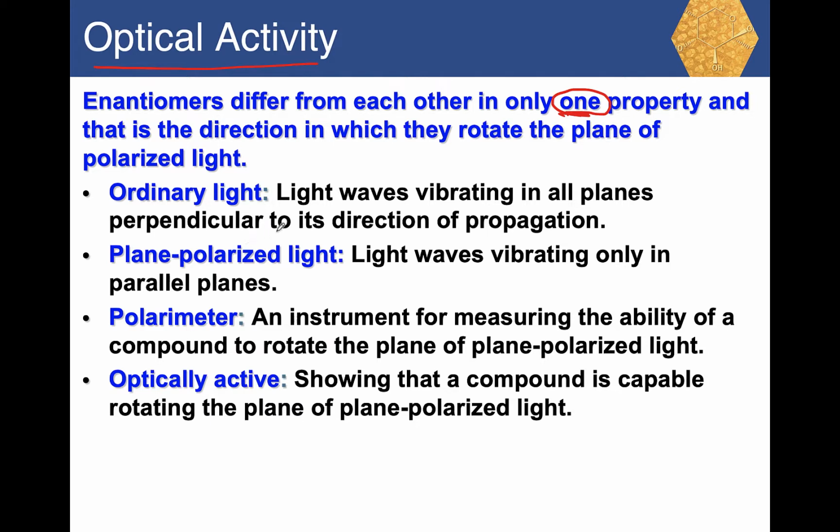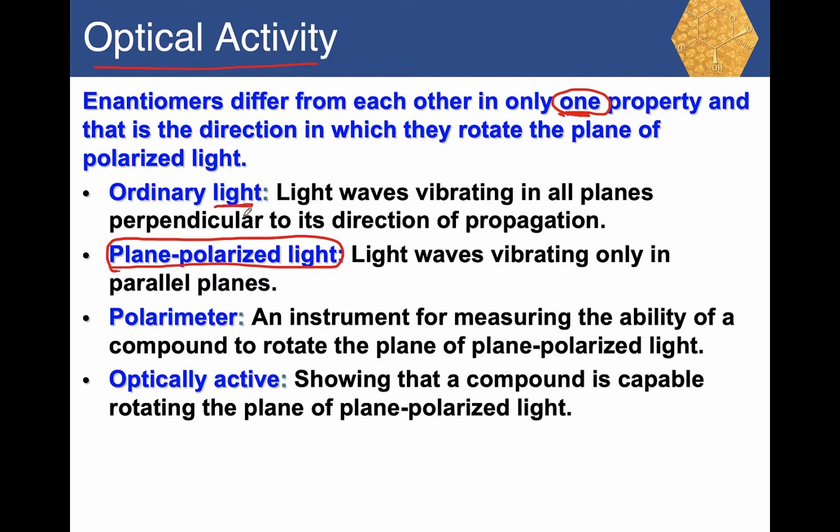Let's see what that is. I'll tell you and then we'll explain it. The only physical property that's different is the direction in which it rotates the plane of polarized light. So again, that's a new concept, polarized light. So let's define light.